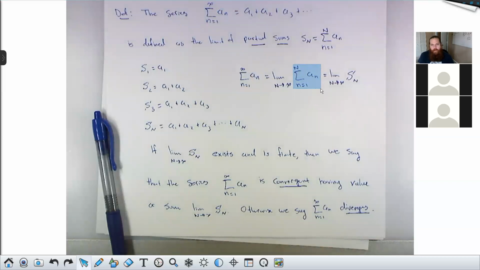Each of these finite addition problems is just a number, so that in turn defines the sequence S_N. If the sequence S_N is convergent, i.e. if that limit exists and is finite, then we say the series sigma a_n from 1 to infinity converges. If that sequence S_N diverges, i.e. this limit is either not finite or does not exist, then we say that the series diverges.